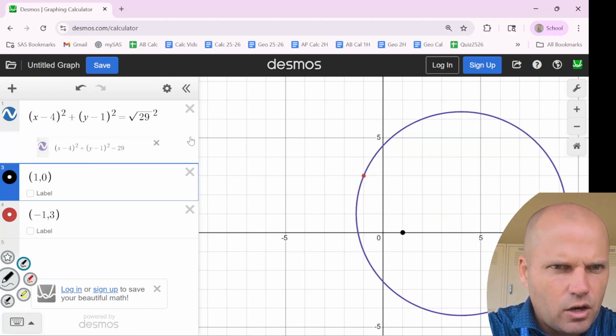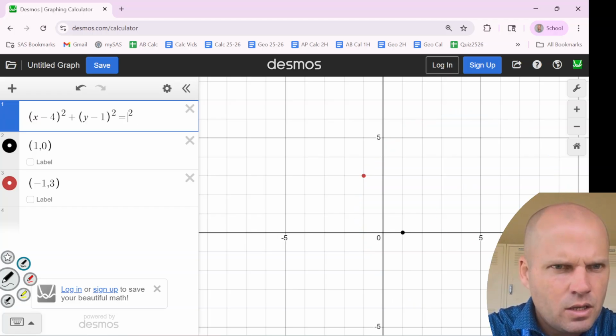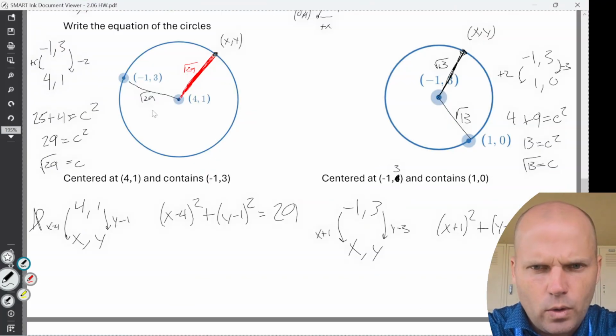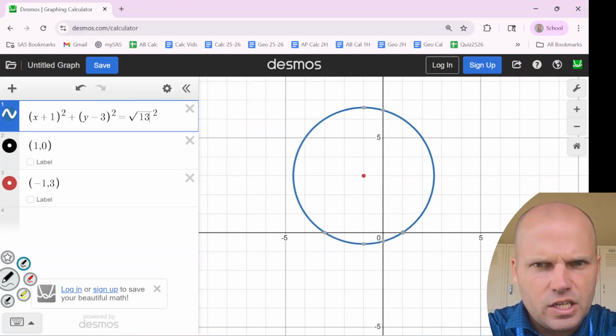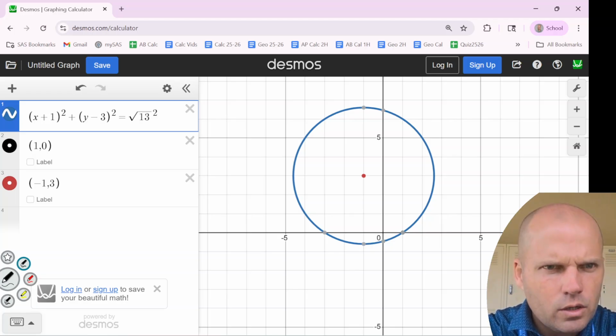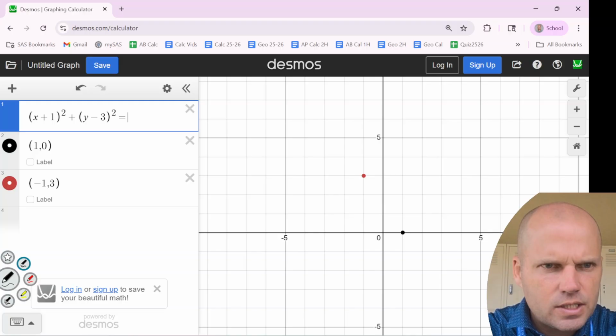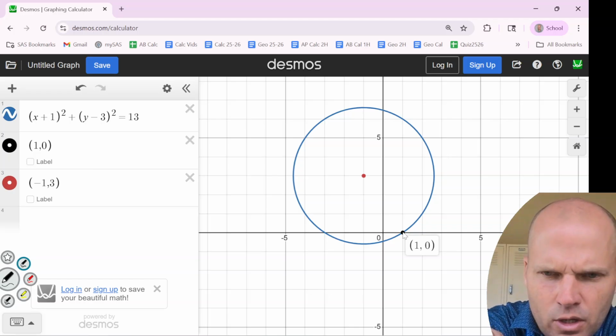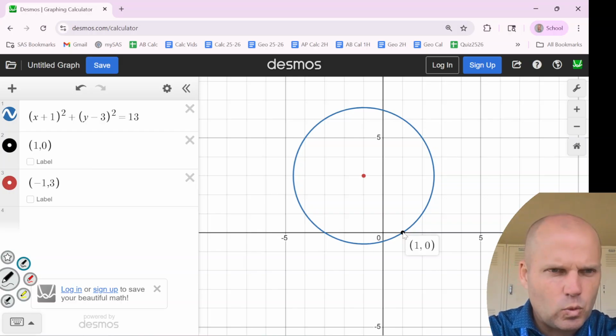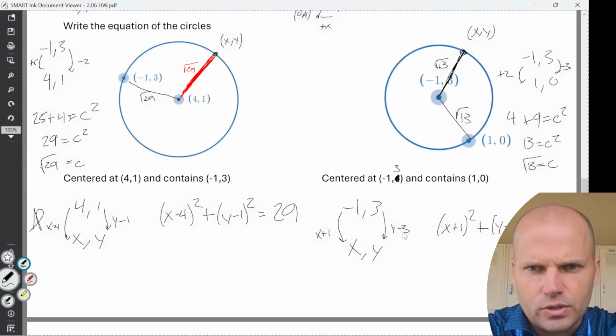Let's change our equation graphed to be a squared, which is x plus 1 squared, b squared, which is y minus 3 squared, equals c squared, which is the square root of 13 squared, or is just 13. And we have our point 1, 0 on our circle and our center at negative 1, 3. So x plus 1 squared, y minus 3 squared equals 13.